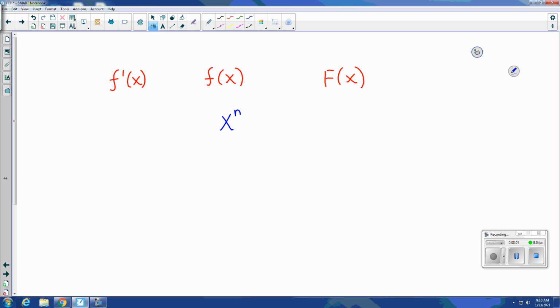To get the derivative, we know we multiply the function by the exponent and then subtract 1. To get the antiderivative, we have to reverse that process, so we add 1 and divide by the new exponent. So here are the power rules for the derivative that we already know, and now a power rule for finding an antiderivative.